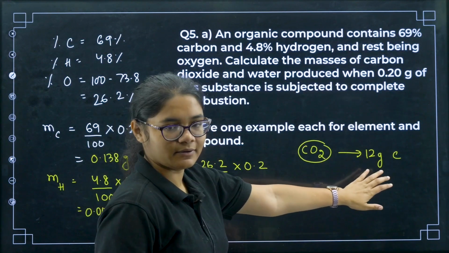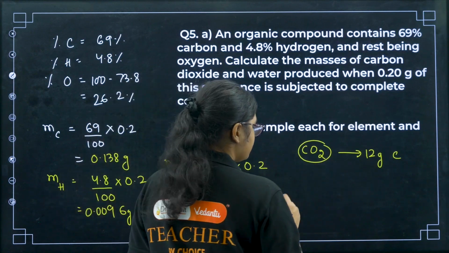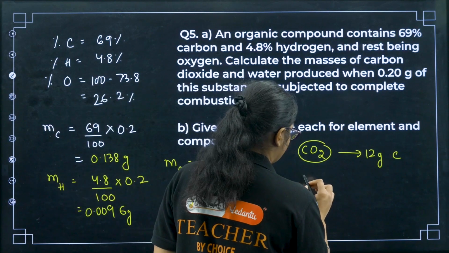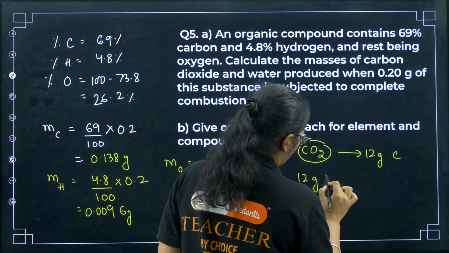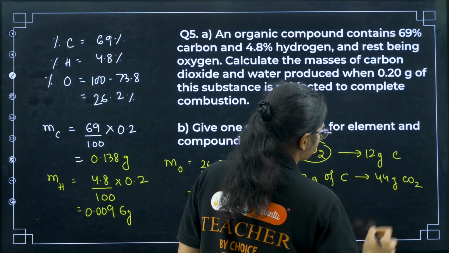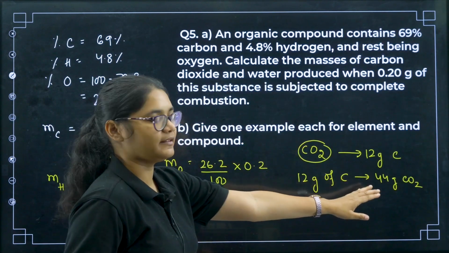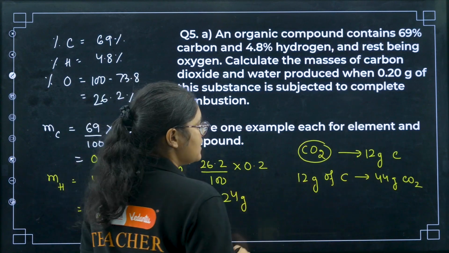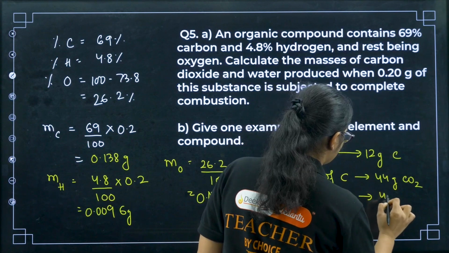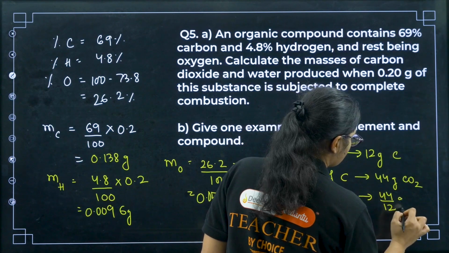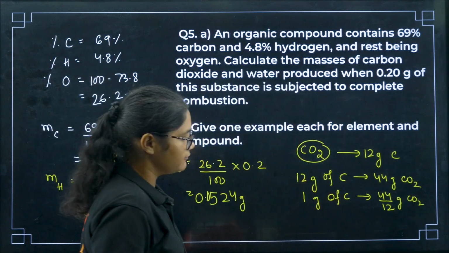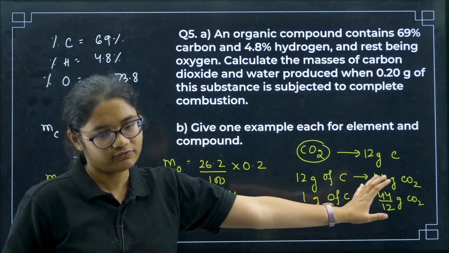So I can say that from 12 gram of carbon I will get 44 gram of carbon dioxide. Similarly, if I have 1 gram of carbon, then I will have 44 by 12 gram of carbon dioxide.